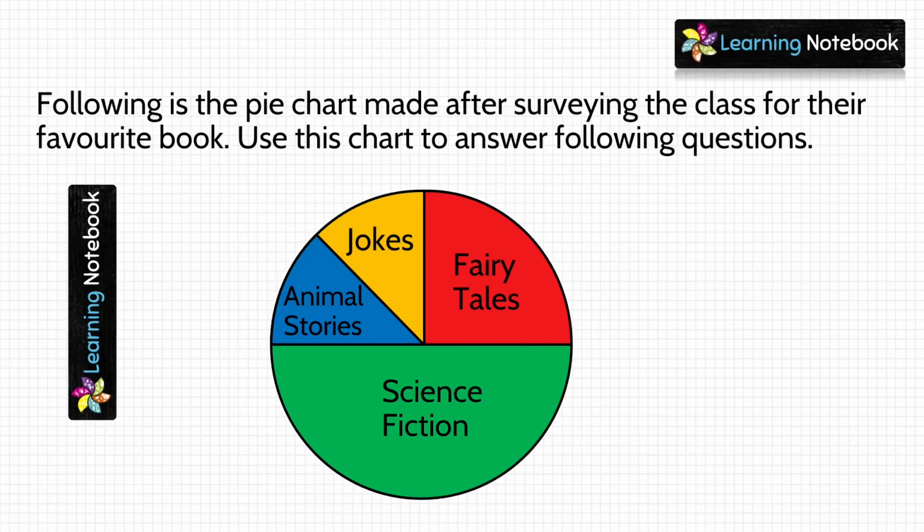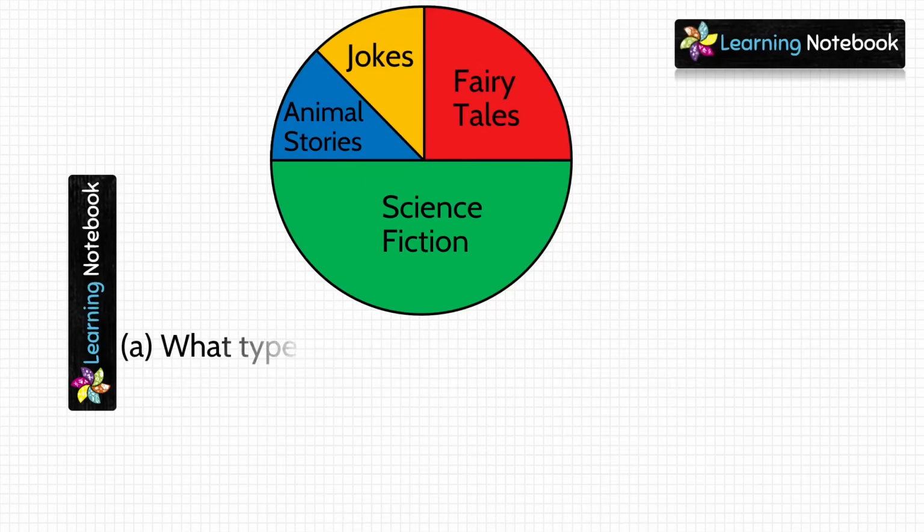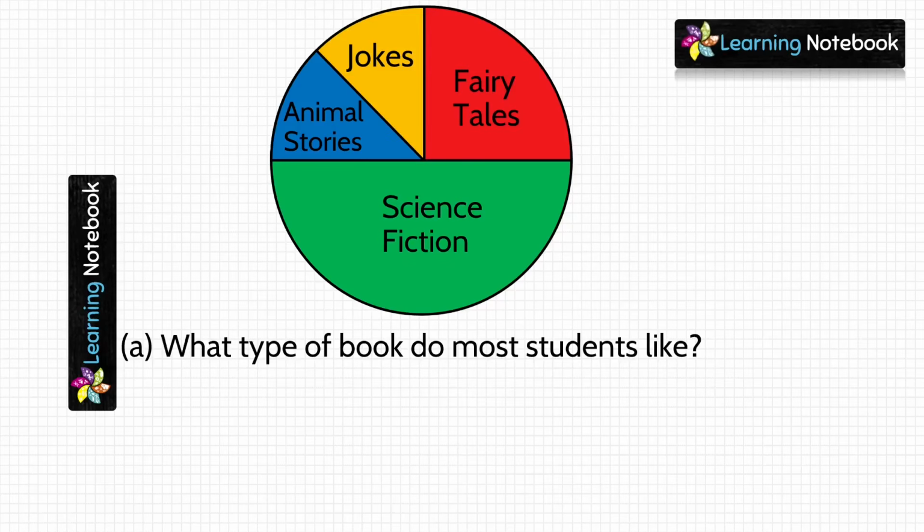And now using this information, we have to answer some questions. First question is, what type of book do most students like? So here, since science fiction is being represented by half of the circle, so it means most students like science fiction.